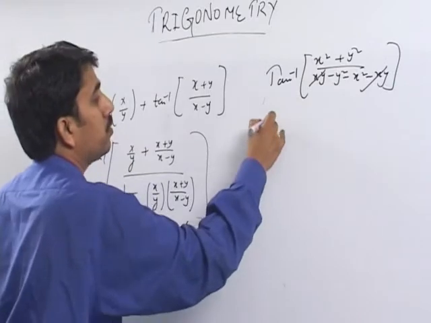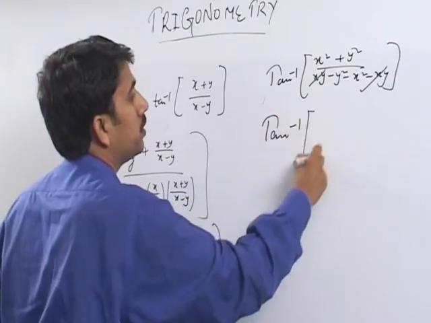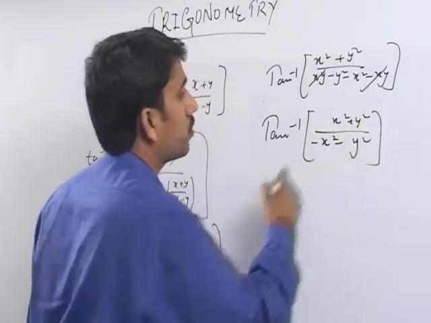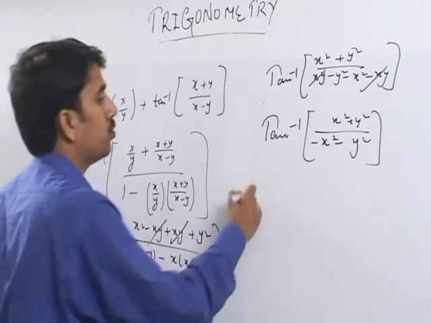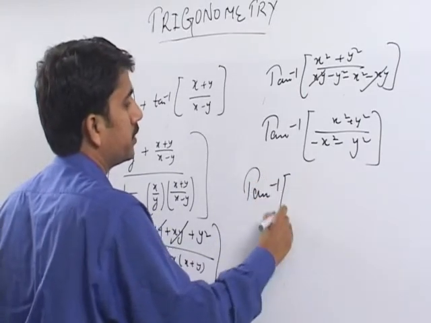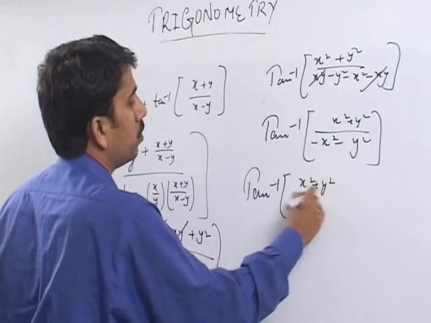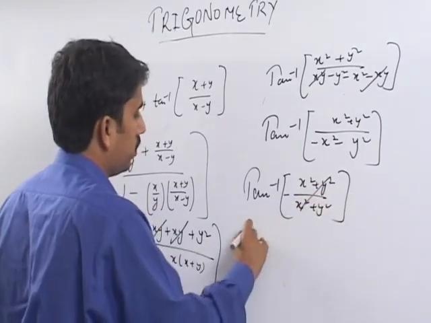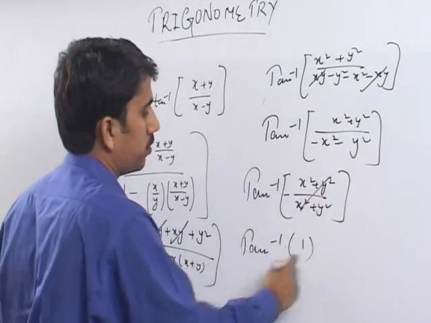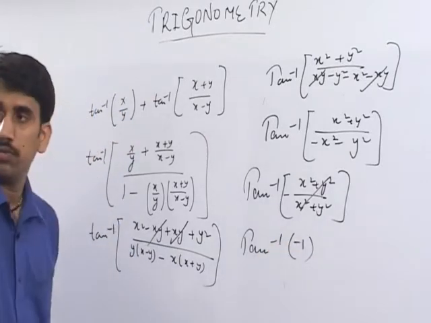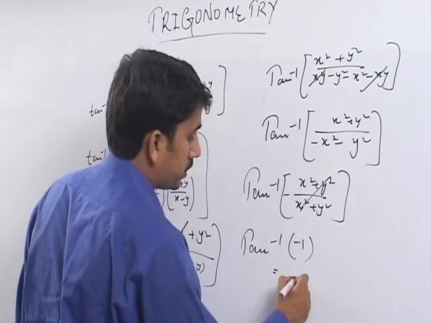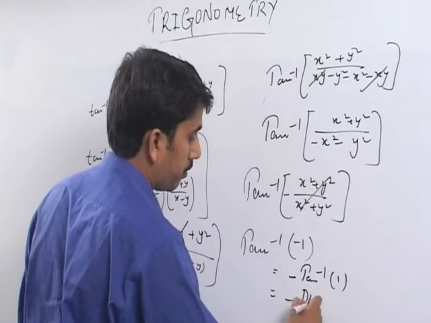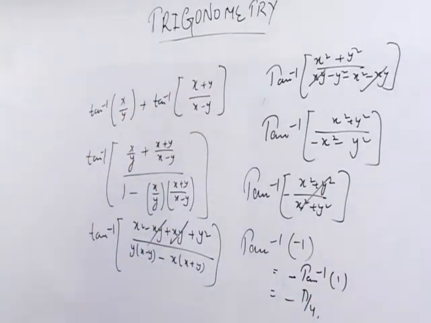This xy will be cancelled out. We are left with tan inverse x square plus y square whole over minus x square minus y square. And this will be equal to tan inverse x square plus y square over, take minus common, you get x square plus y square. This will be cancelled out, and at the end you will be left with tan inverse 1 minus 1, which is equal to minus tan inverse 1, and again this is equal to pi by 4. So your answer will be minus pi by 4.